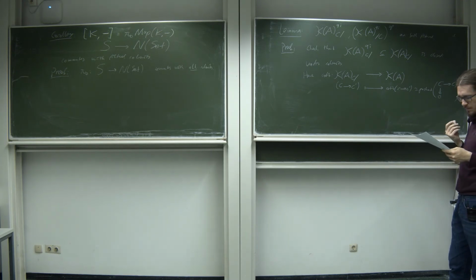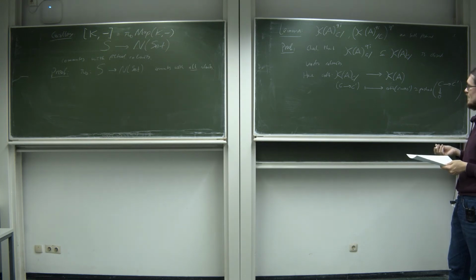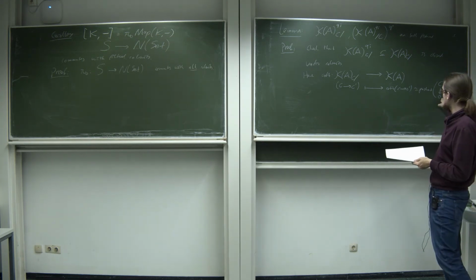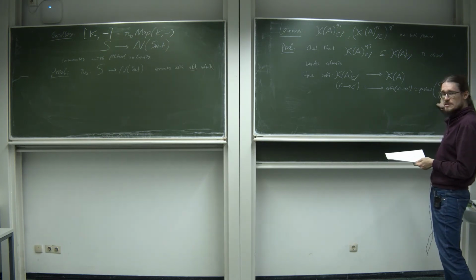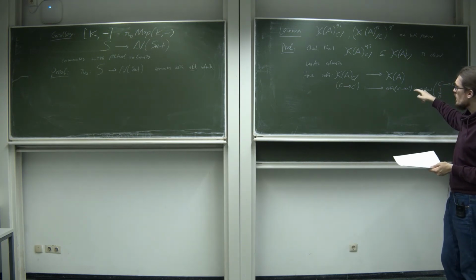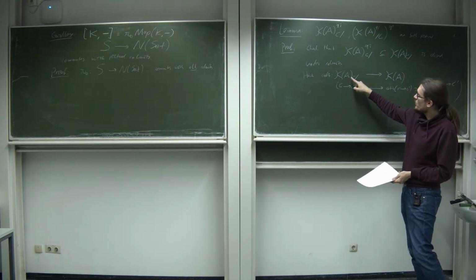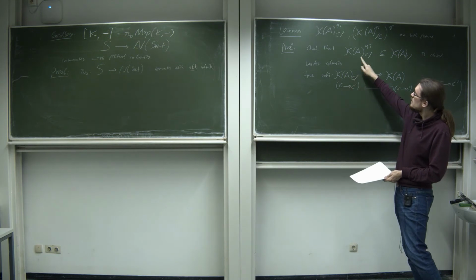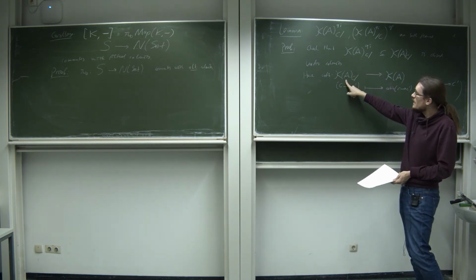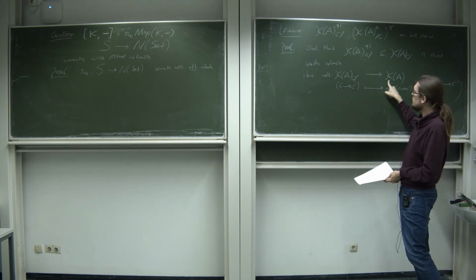So that functor preserves colimits essentially because it is somehow itself a colimit. And we can characterize this full subcategory of quasi-isos in terms of this functor.